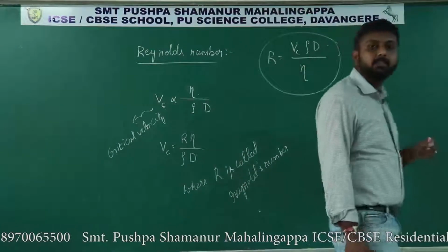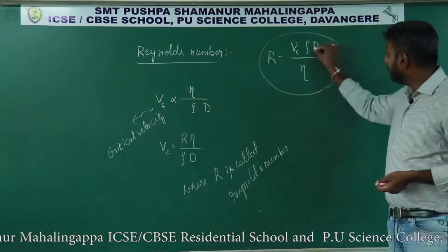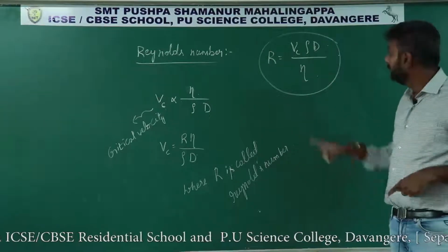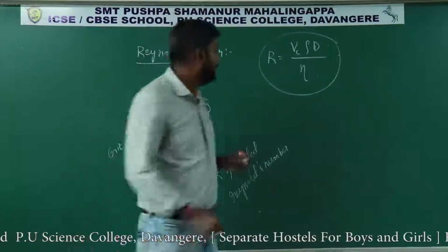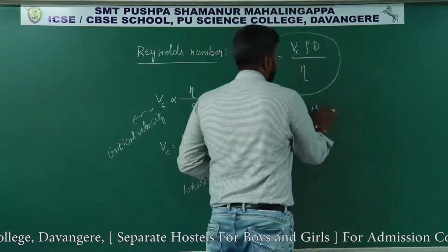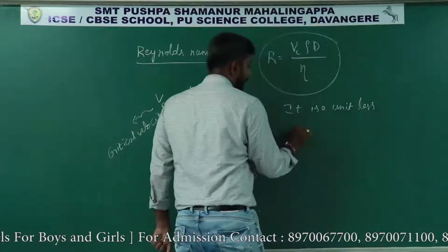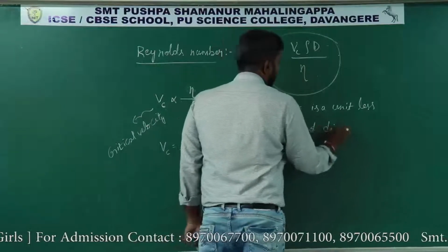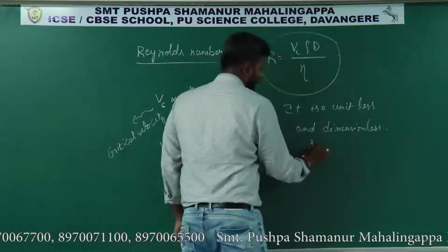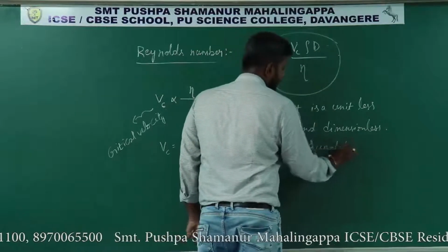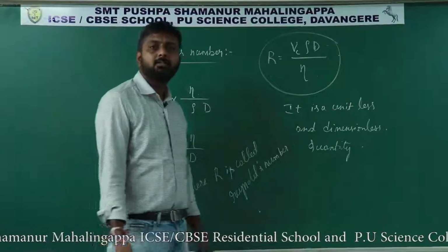That Reynolds number expression is critical velocity, density of the fluid, this capital D is the diameter of the pipe and eta is the coefficient of viscosity, and it is a unitless and dimensionless quantity, like strain and relative density, right?